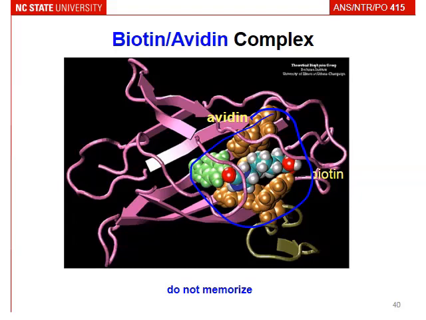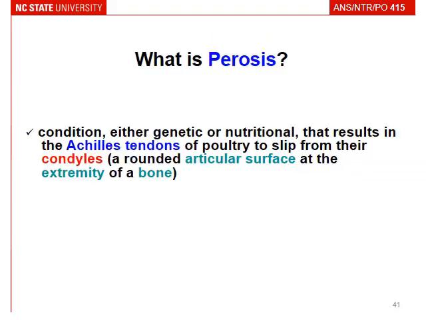So one of the reasons why we cook eggs is so we can denature the avidin, releasing the biotin. And once we denature the avidin, eggs are actually a very good source of biotin, but you need to cook your eggs in order to get that nutrient out of them.